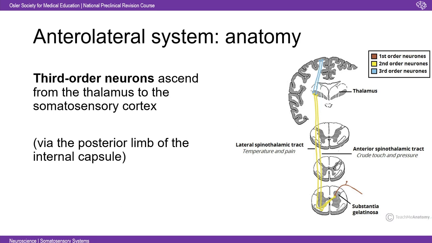That second order neuron that comes up the spinal cord contralaterally gets to the thalamus eventually. As I said before, a key relay in all of neuroscience, so it's no surprise. There in the thalamus, it forms third order neurons, which then ascend to the somatosensory cortex, again via the internal capsule. So this bit is quite similar to the dorsal column system once they've got to the thalamus.